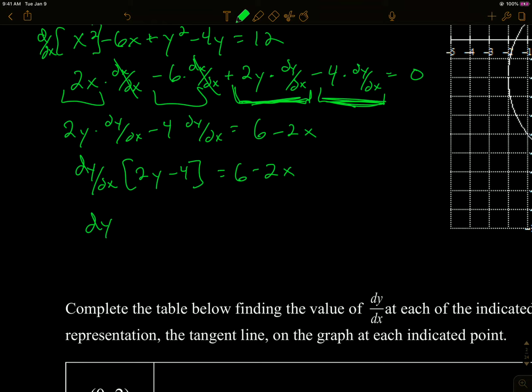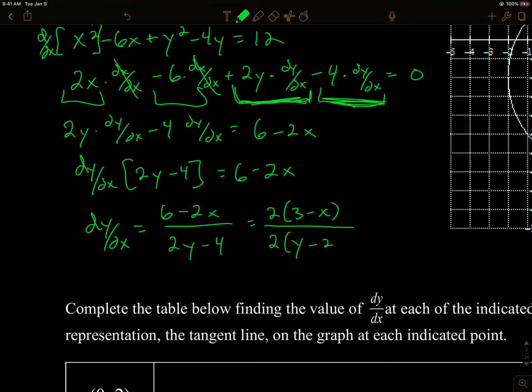Now I divide both sides by 2y minus 4. And I could simplify. I could factor a 2 out of the top and a 2 out of the bottom. They divide out. I get (3 − x) over (y − 2).